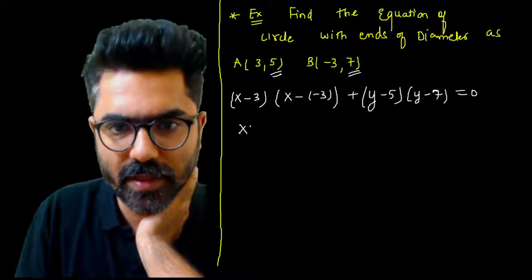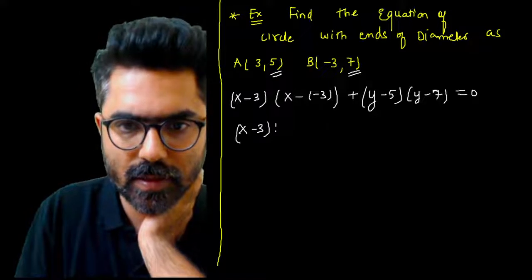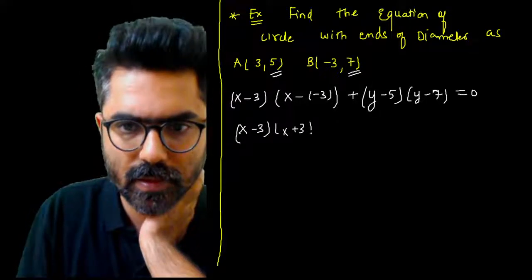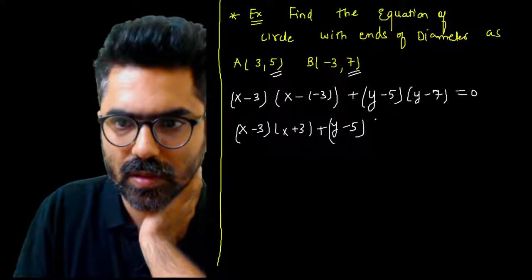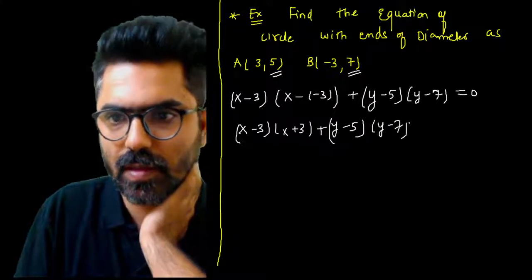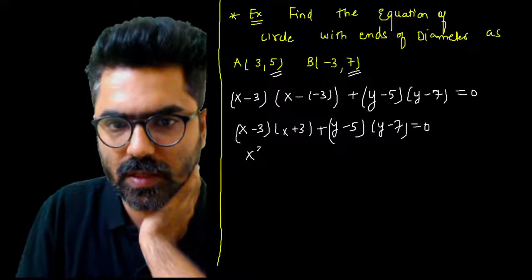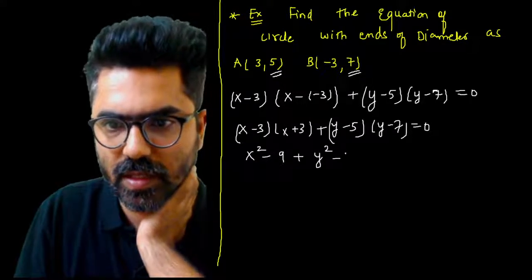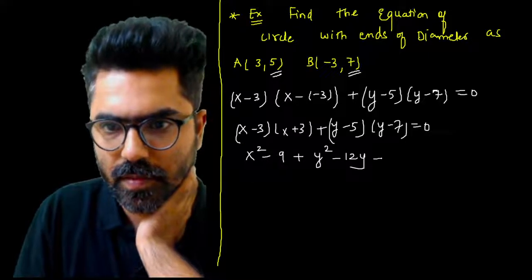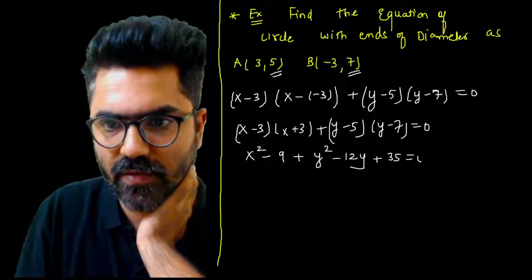So now you simplify this. It is x minus 3, this is x plus 3, this is y minus 5, this is y minus 7. So let's multiply this. It is x square minus 9 plus y square minus 12y plus 35 equal to 0.